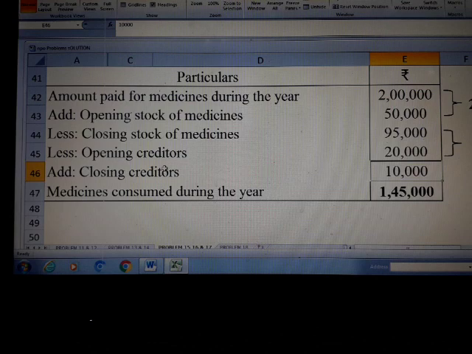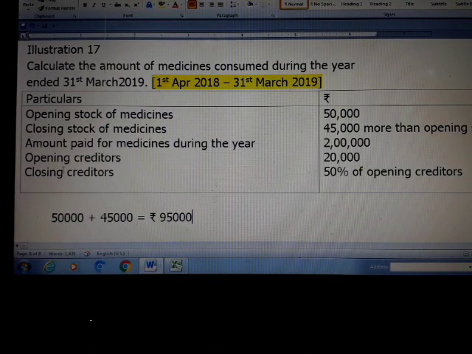That is the closing creditors given in the question. Closing creditors is 50% of opening creditors. So when I apply 50% on the opening creditors of 20,000, I get 10,000. That pertains to my closing creditors. So my closing creditors value is 10,000, which I have to add.